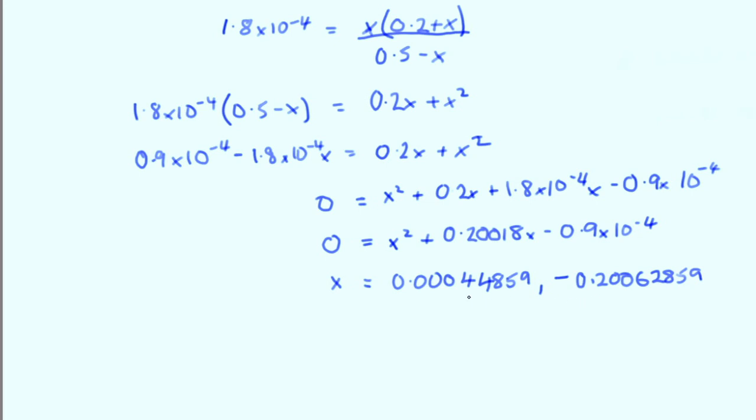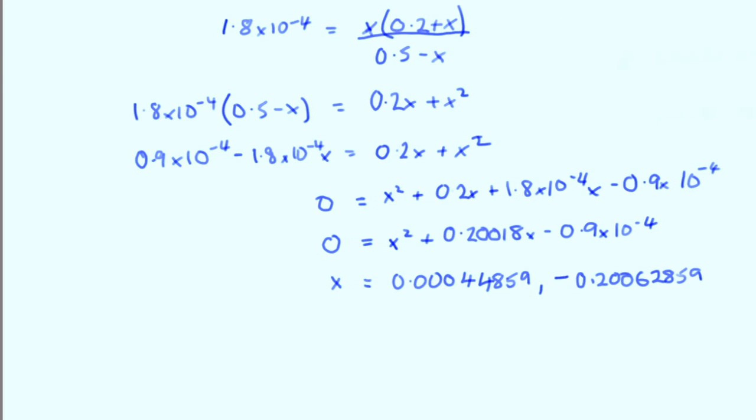Now, we normally get two of these numbers. Remember, sometimes you may get one. That's really unusual. Sometimes it might be undefined, in which case you've probably done something wrong. In this case, we've got the minus here.